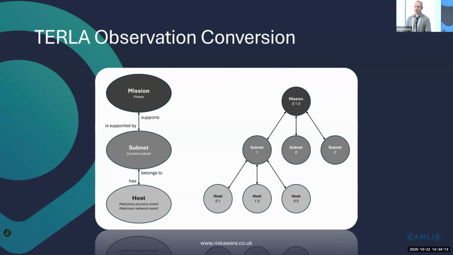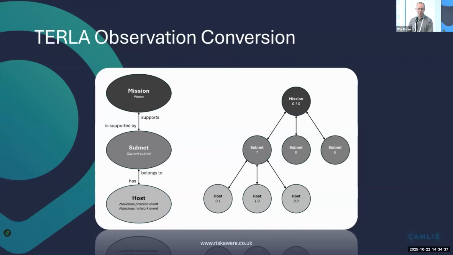So here we can see the heterogeneous graph that the observation gets converted into. There's a schema for that graph on the left-hand side of this slide, and then a kind of simplified concrete example of what it might look like to an individual agent. So you can see we have node types for the mission, for the subnets in the network, and for the hosts in those subnets.